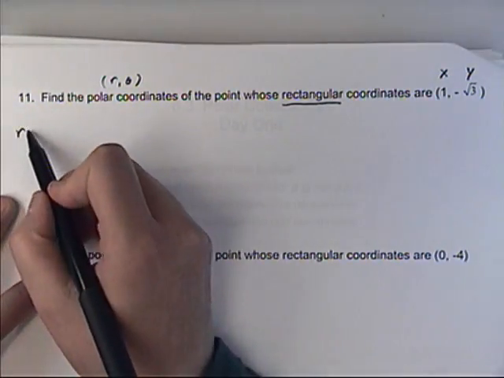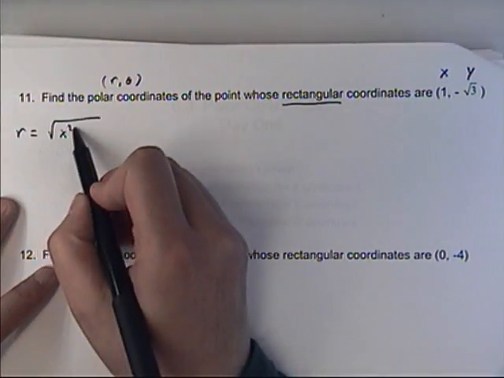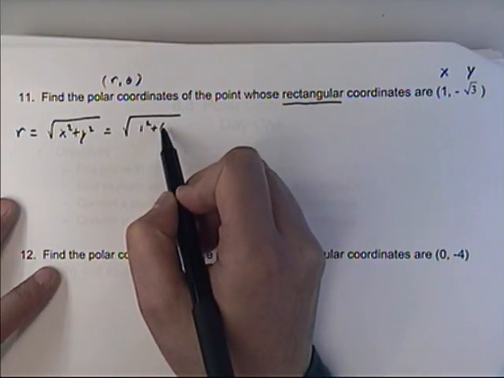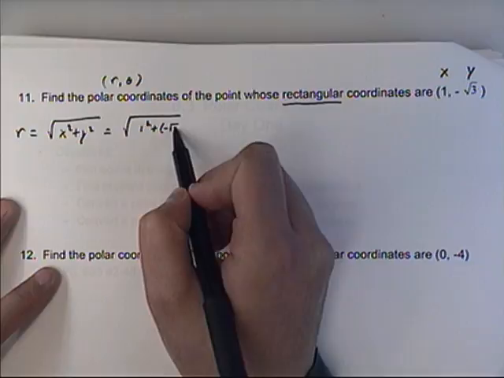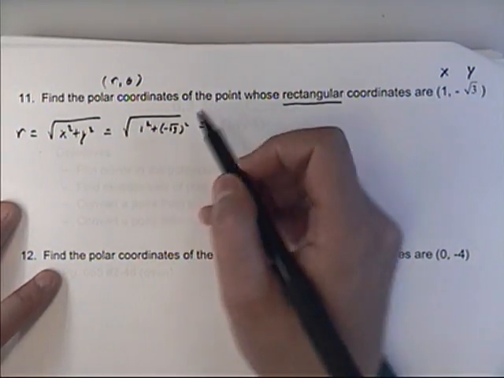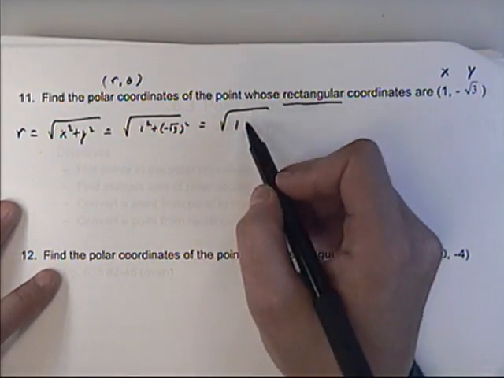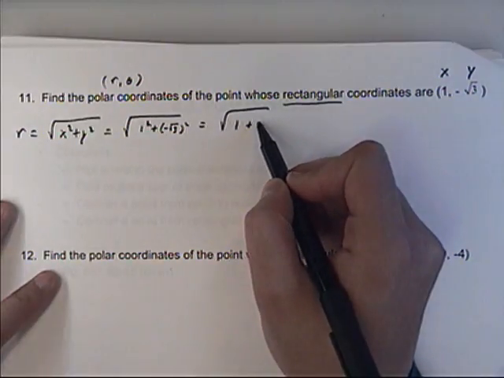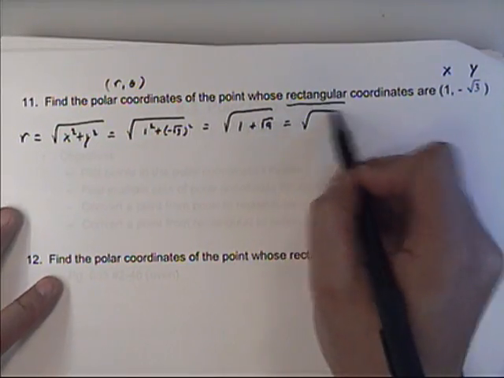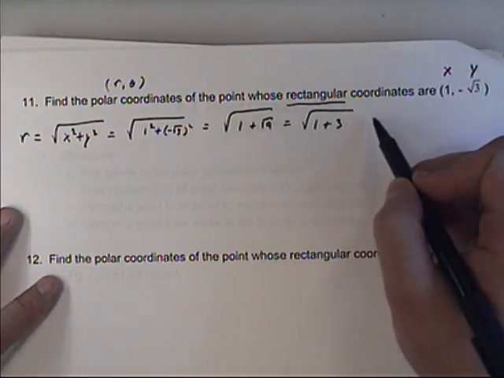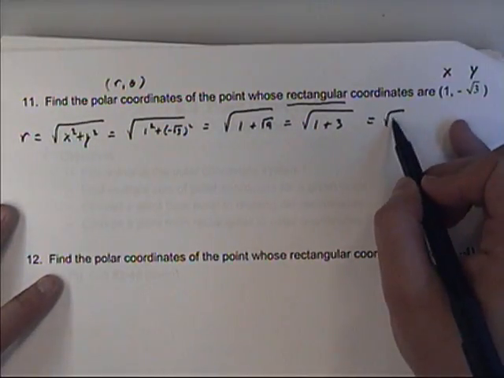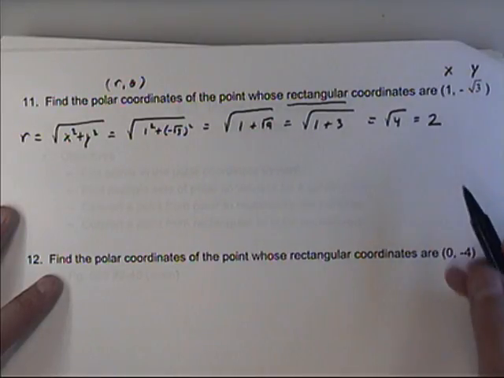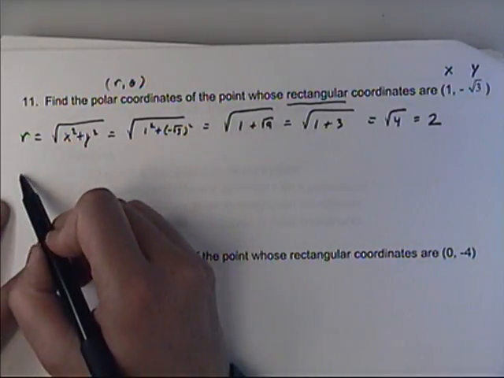Well, r would equal the square root of x squared plus y squared, which in this case is 1 squared plus the negative root 3 squared. 1 squared is 1. Negative root 3 squared: a negative times a negative is a positive. Root 3 times root 3 is root 9, which is just 3. So the square root of 1 plus 3, square root of 4, which is 2. So r equals 2.